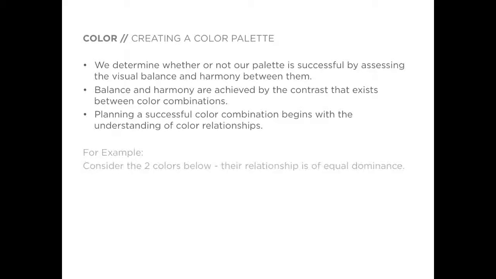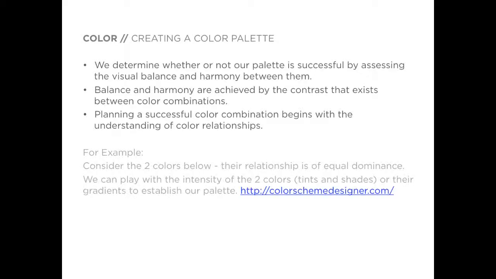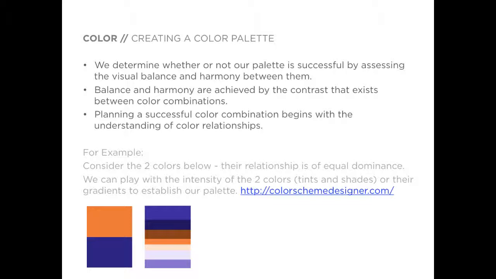For example, consider the two colors below. Their relationship is of equal dominance, the orange and the blue. What we can do is play with the intensity of the two colors, the tints and the shades, or their gradients to establish our palette.